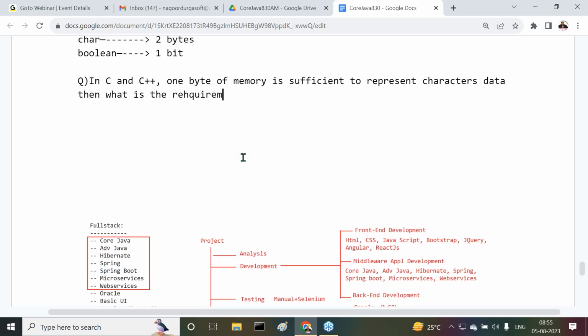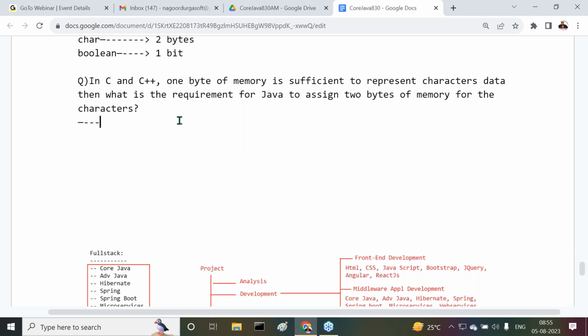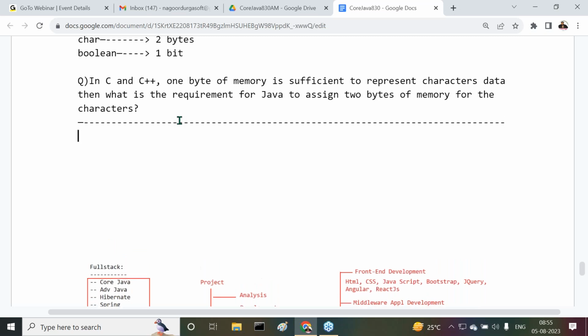Then what is the requirement for Java to assign 2 bytes of memory for the characters? I think you understood my question here. In C and C++, 1 byte of memory is sufficient to represent characters.